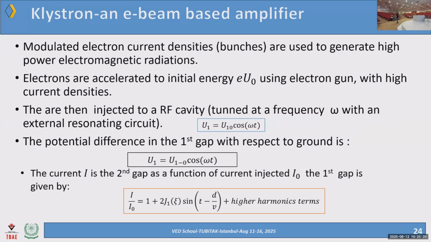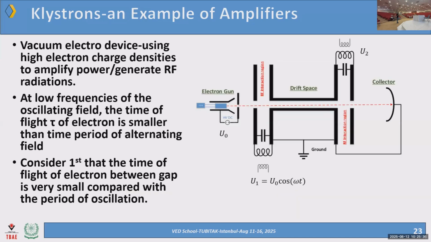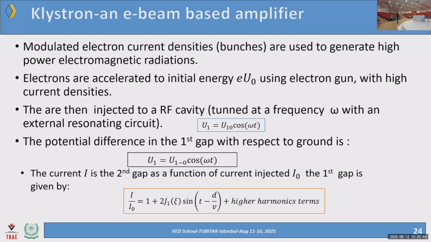The oscillation frequency. What if we have a different case? This can be discussed more because this U2 depends upon the bunches. Consider that the electrons which pass through are subjected to the electric field, and the electric field is rearranging the electrons in space.